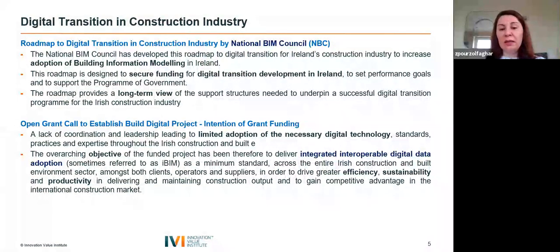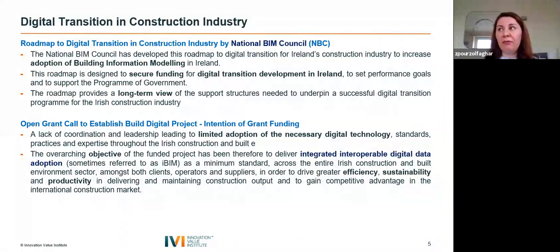As you can see, the main issue and challenge for this call has been limited adoption of necessary digital technology standards, practices, and expertise. There has also been a specific objective defined for this call, which has been integrated interoperable digital data adoption, with the aim of increasing efficiency, sustainability, and productivity.